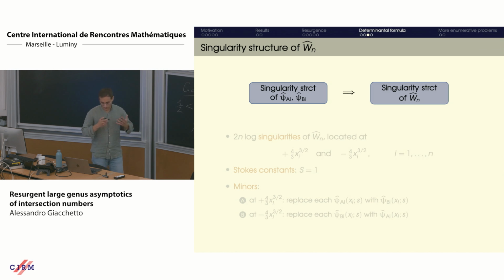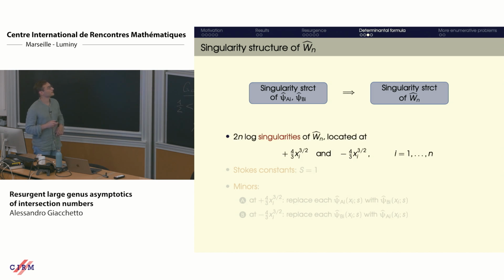And so by putting all the pieces of the puzzle together, what we can find is that the Borel transform of the generating series of these n-point intersection numbers has 2n logarithmic singularities. And these 2n logarithmic singularities are located at these two different values here. It's 4/3 xi_i to the 3/2 and the same with a minus sign, where i goes from 1 to n.